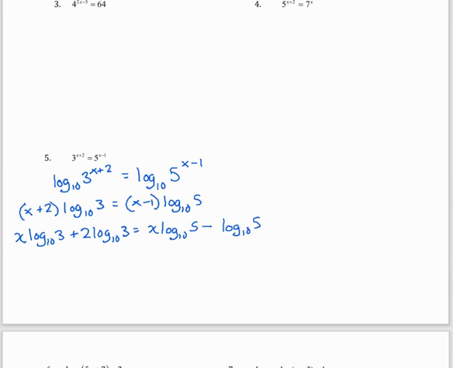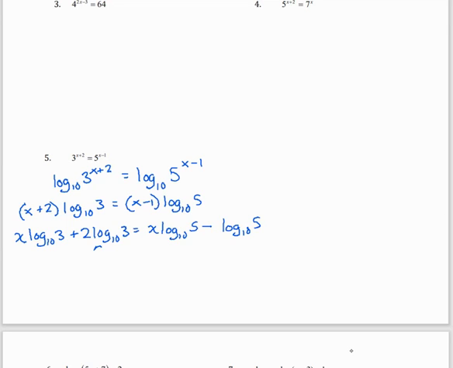Now that I'm at this point, I can now get the x's to one side and the constants to the other. Notice I haven't plugged anything into my calculator yet, because if I do, I'll start to be rounding too early on. So I'm going to take this guy and move it over, and I'm going to take this one and move it over. Okay, so again, getting our x's to the left and the constants to the right.